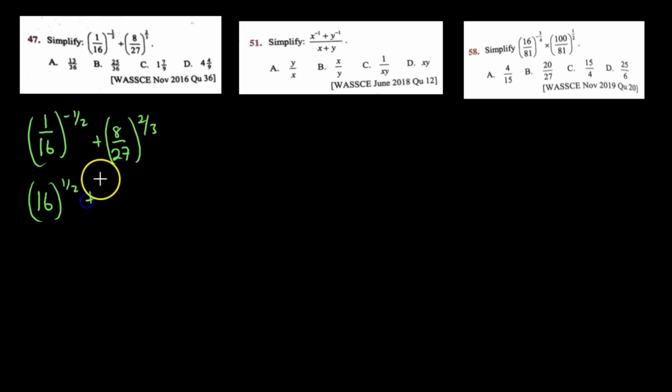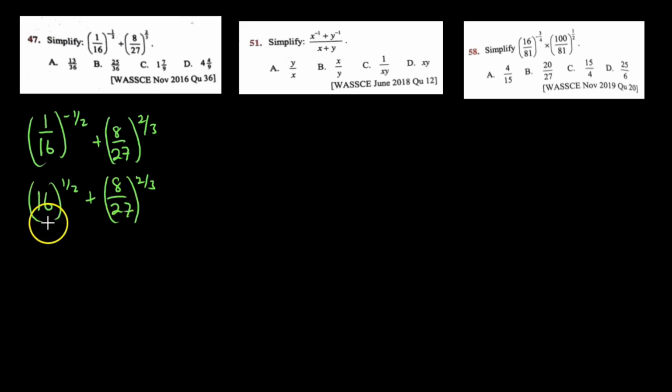Then plus this will be written as, let me write it, 8 on 27 all to the power 2/3. Now you bear with me that the base 8 on 27 can be written as a base of 2 and a base of 3 all raised to the power 3.